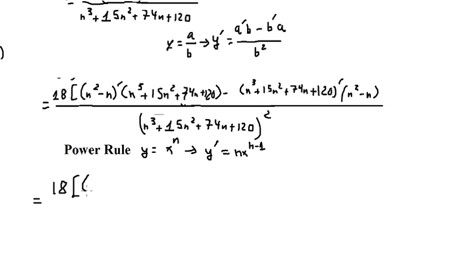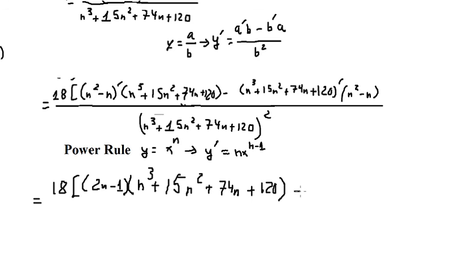So this one we have 2n minus 1, and we just write the same number in here. This one we have 3n squared plus 30n plus 74, and we have n squared minus n.